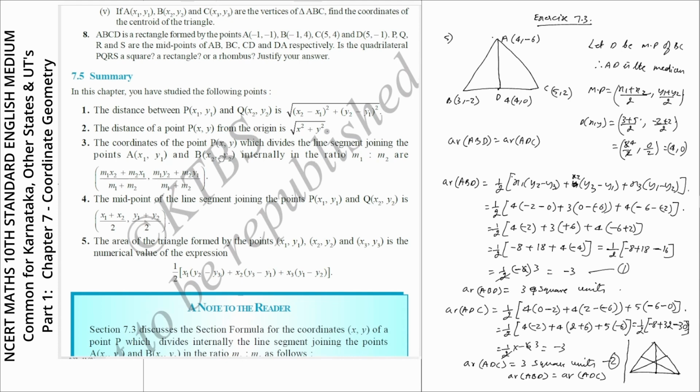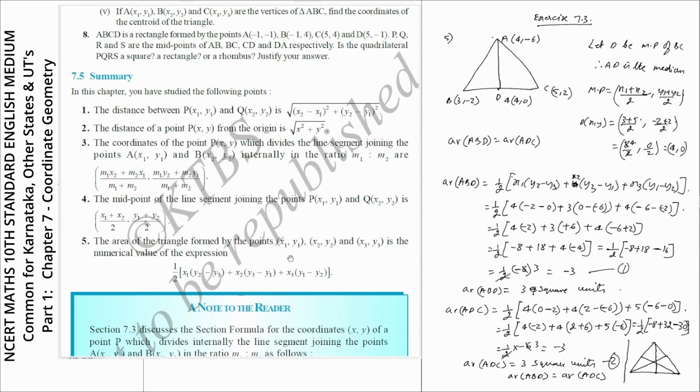And if P divides the line joining A and B internally in the ratio of m1 is to m2, then the coordinates of P of xy is given by m1 x2 plus m2 x1 by m1 plus m2, comma m1 y2 plus m2 y1 by m1 plus m2. Okay, and if there is a midpoint on the line joining P and Q, then the midpoint is given by x1 plus x2 by 2 and y1 plus y2 by 2.